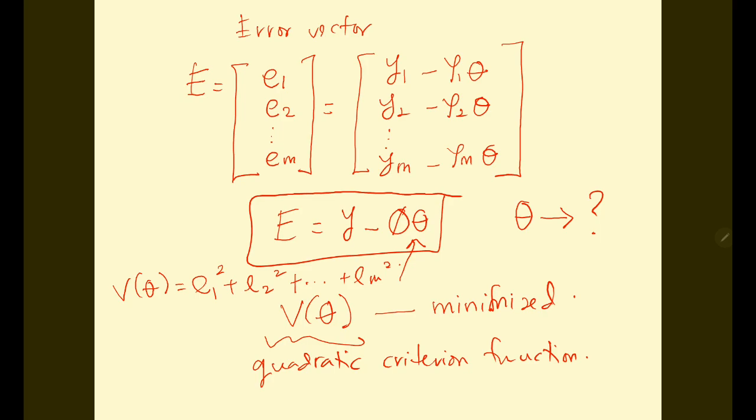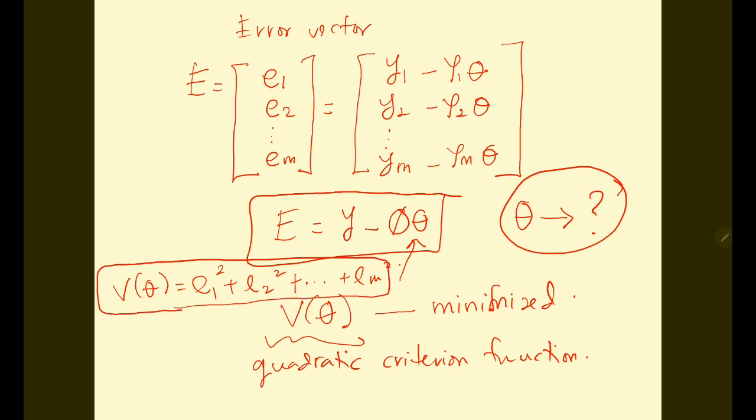So what we try to do is find the value of theta such that this summation of the squares of the error is minimized. That is what the least squares method is all about.